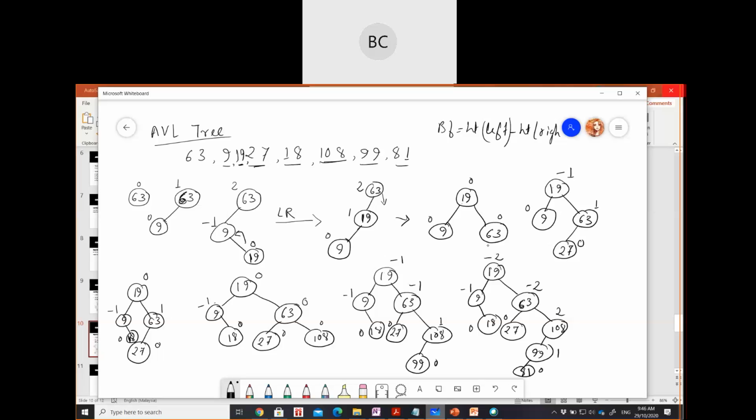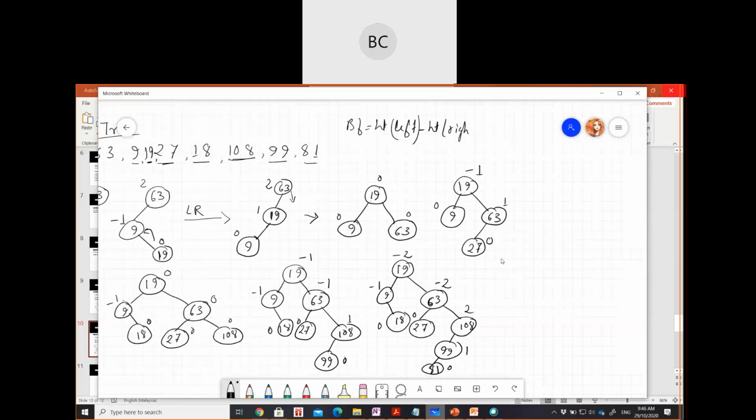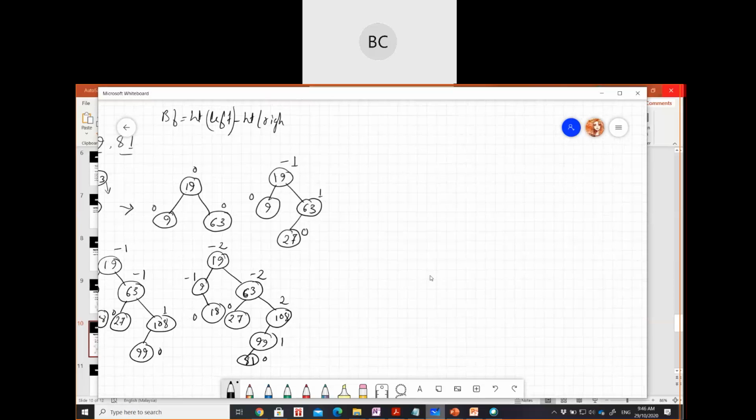So what rotation? Now it's imbalance, correct? So what we have to do now? So what rotation we need to do?